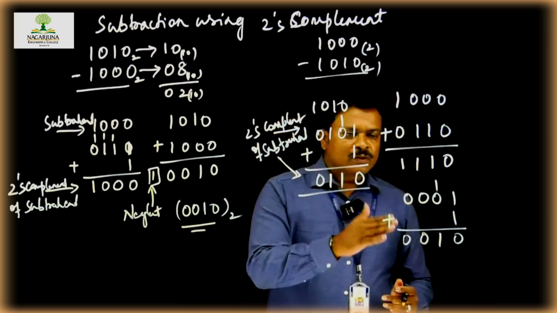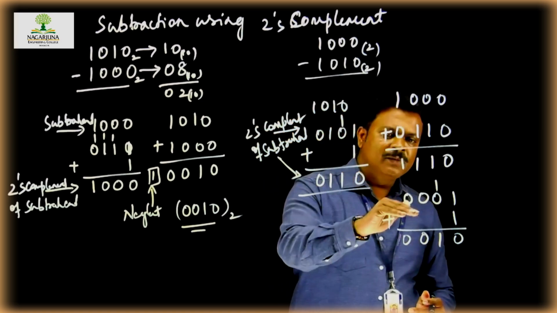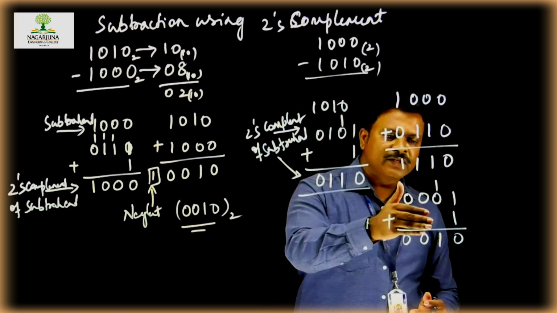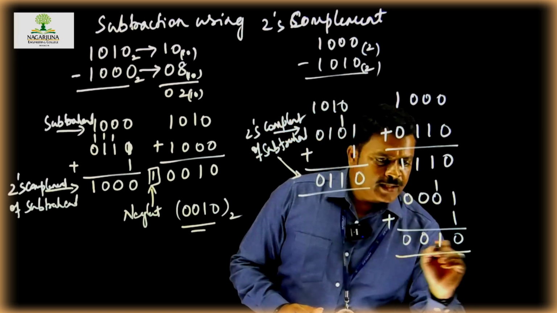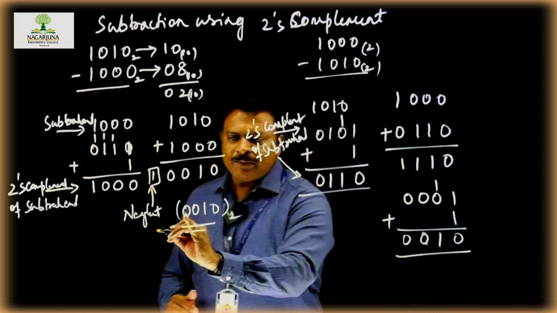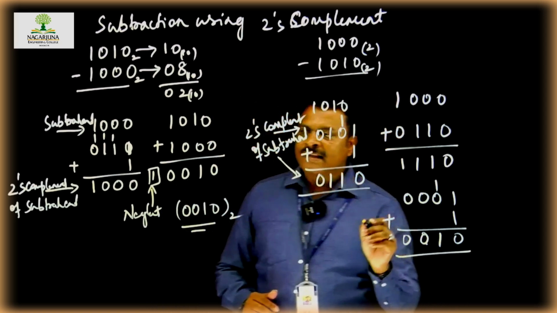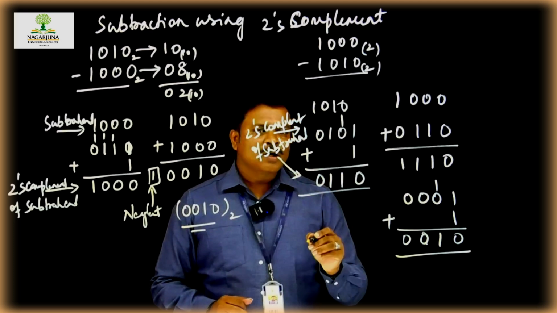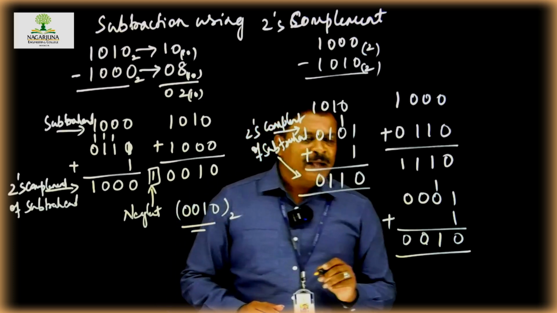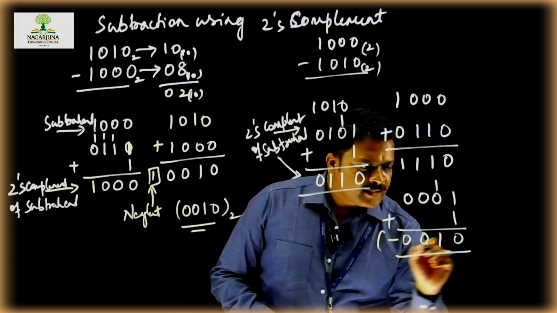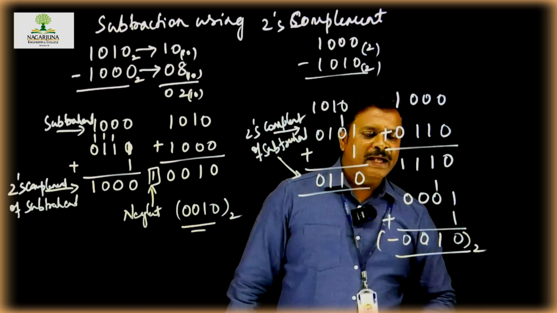Now 0010. You have done the one's complement and added 1. When you do the two's complement again, you have to write the minus sign here, so minus with binary base 2.